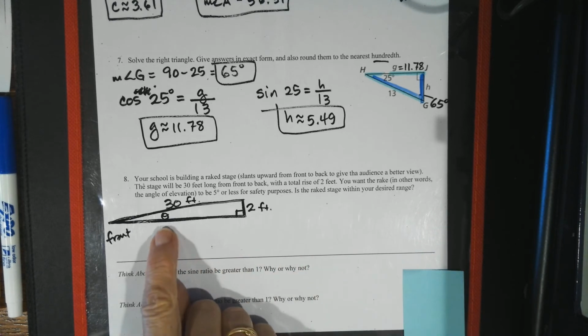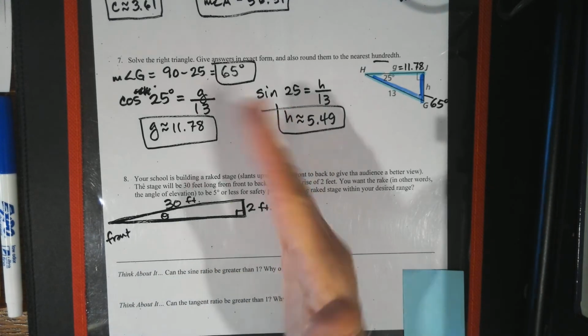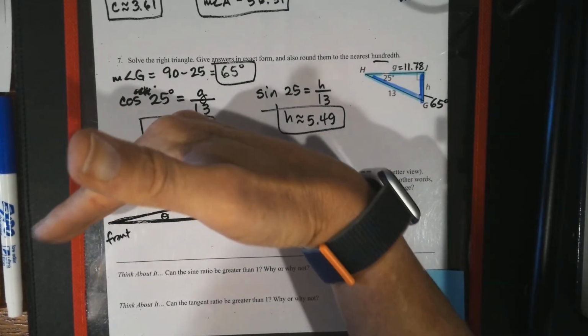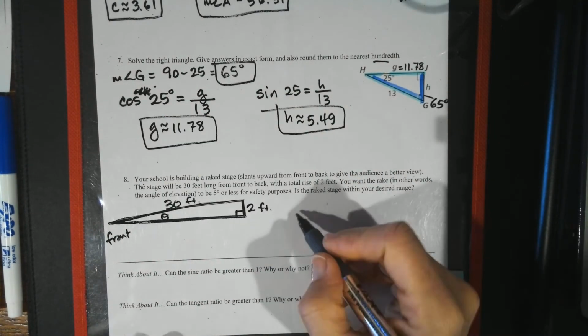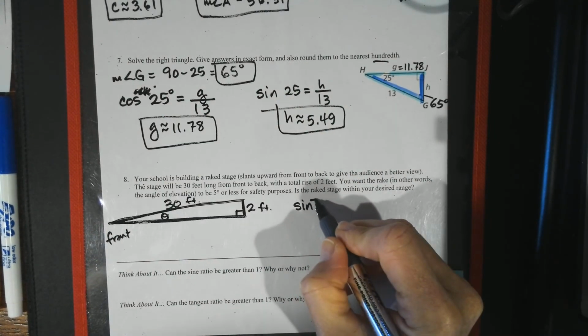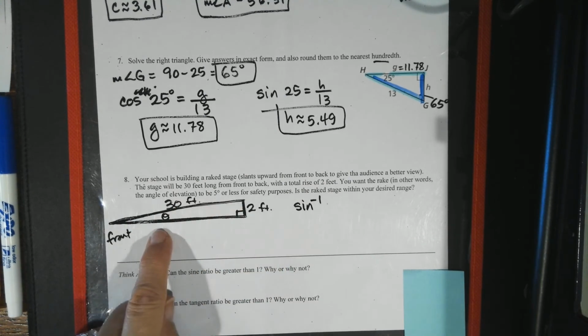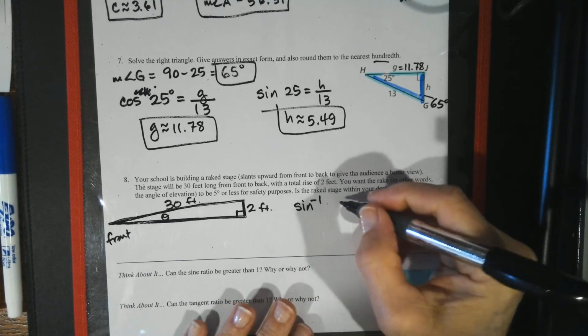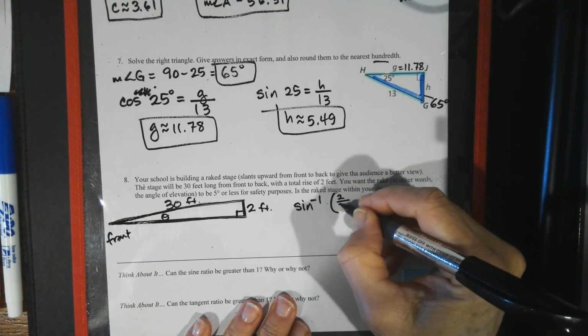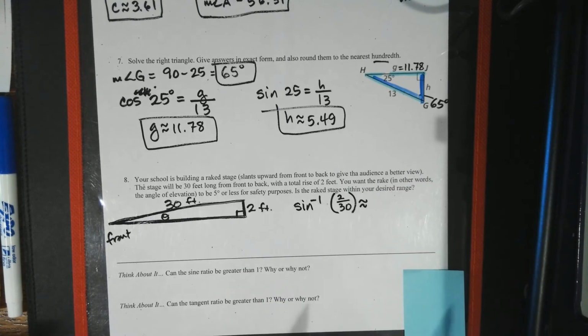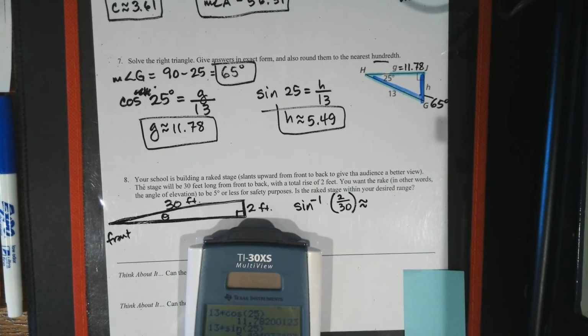If you want to find this angle, and you have this side and this side, this is the opposite side from the angle and the hypotenuse. So you're going to use the inverse sine, because you have the sides and you want the angle. That's when you use the inverse. 2 over 30, opposite over hypotenuse. Grab your calculator.